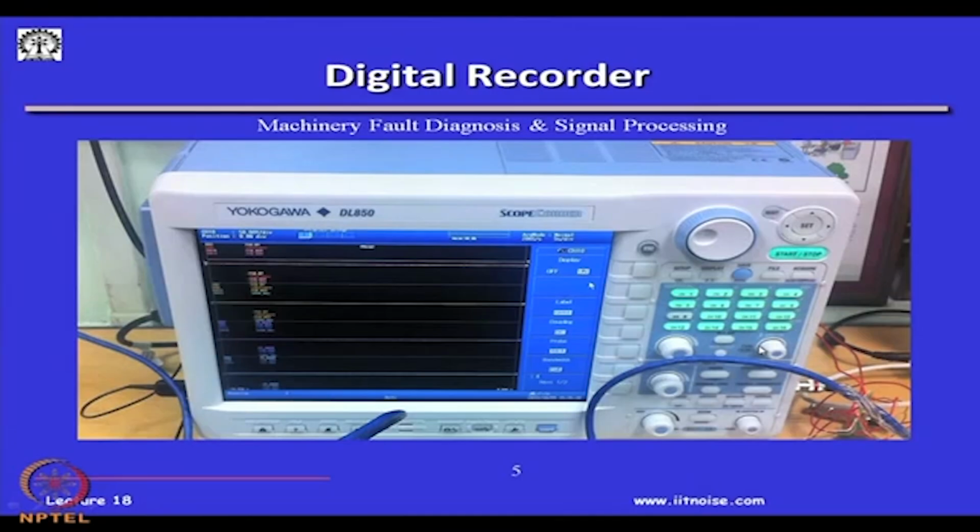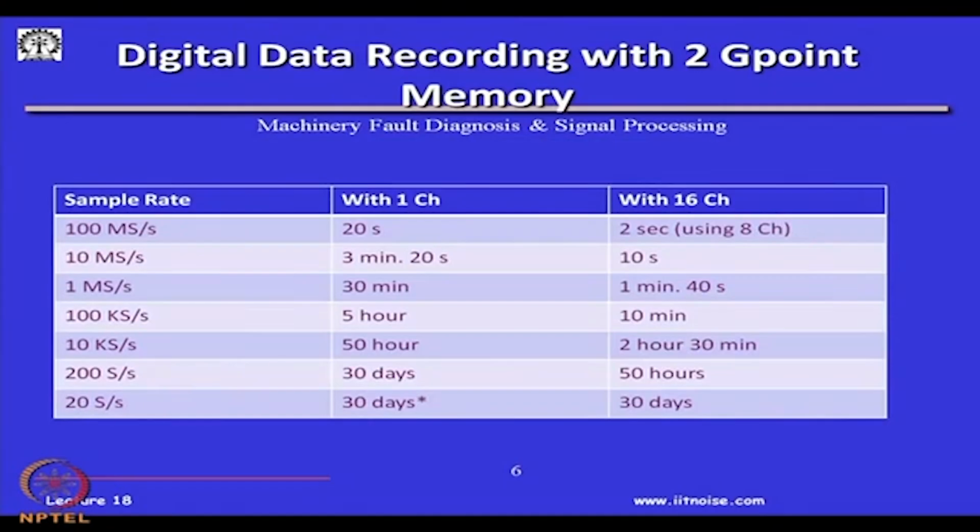For such a recorder we can have very high sampling frequencies, and then we can record a lot of data points. Just to give an example, for this digital data recording with about 2 gigapoints of memory space, there is a provision of changing the sampling rate, 100 mega samples per second or 10 mega samples per second.